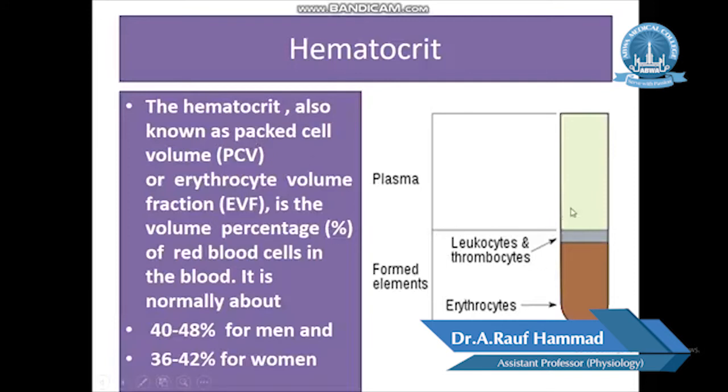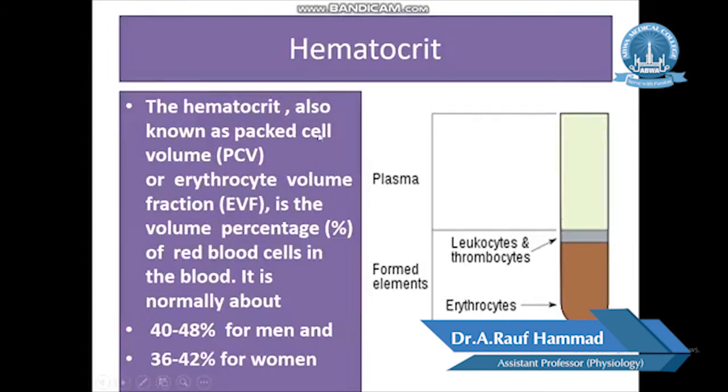In this figure you have formed elements, a buffy coat of leukocytes and thrombocytes, the remaining are the red cells, and the upper portion is crystal clear plasma. So the hematocrit is taken for the red blood cells, because their number is much more. The leukocytes and thrombocytes do not constitute much in the hematocrit.